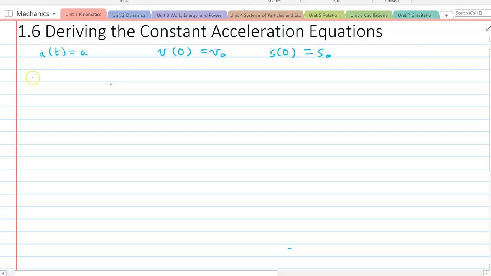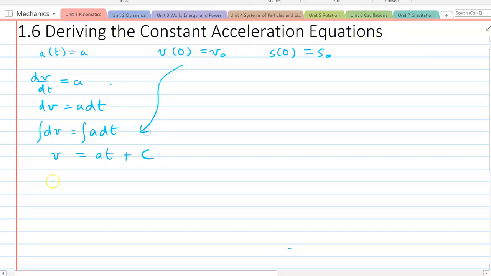So, with this, we know dv over dt is equal to a. And then we can use separation of variables. So dv is equal to a dt. In other words, the integral of dv is equal to the integral of a dt, which is v equals at plus c. And now we plug in this first initial condition, we get v naught equals c, right?